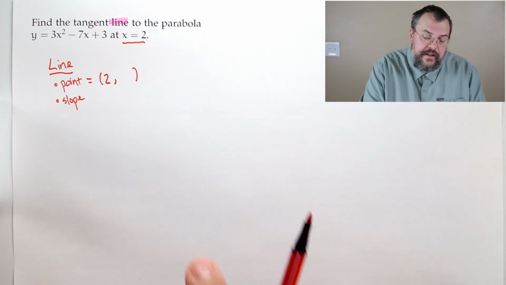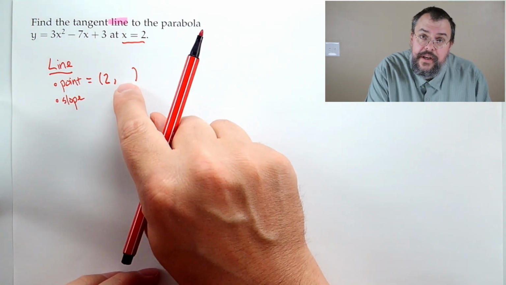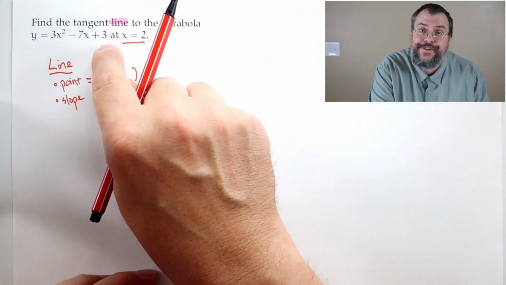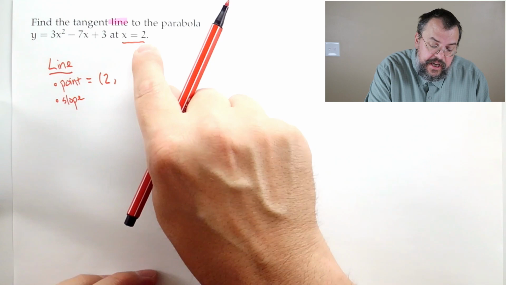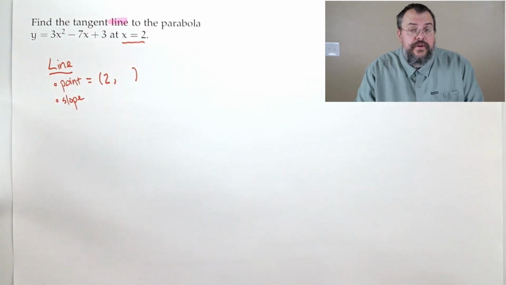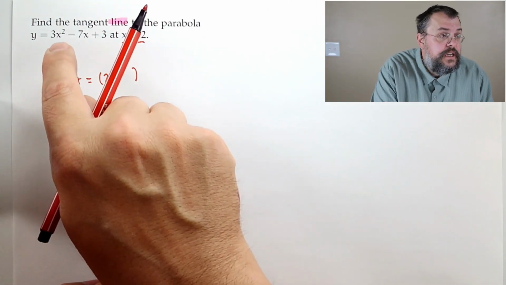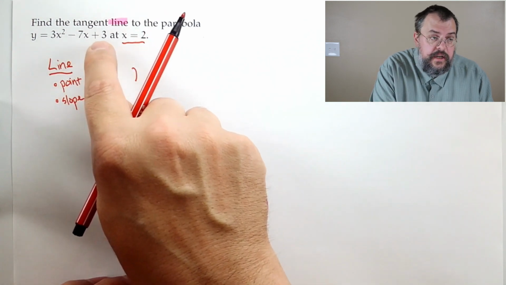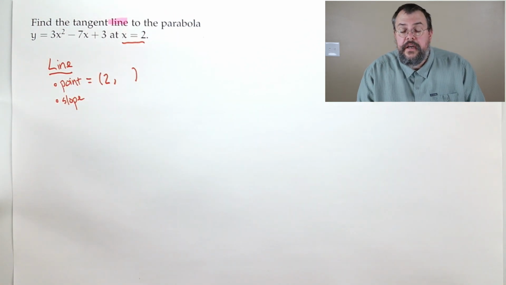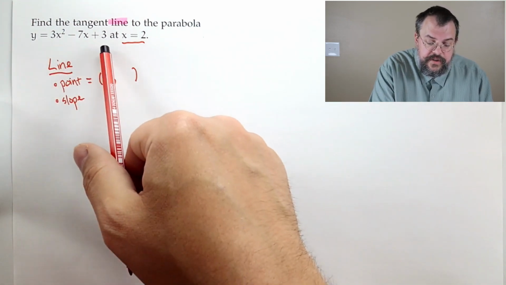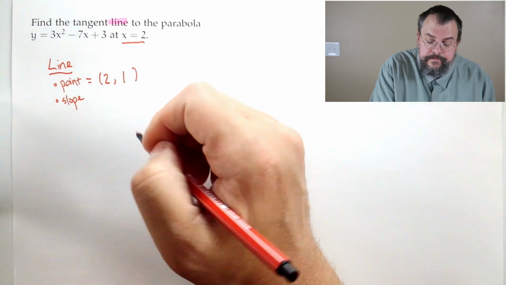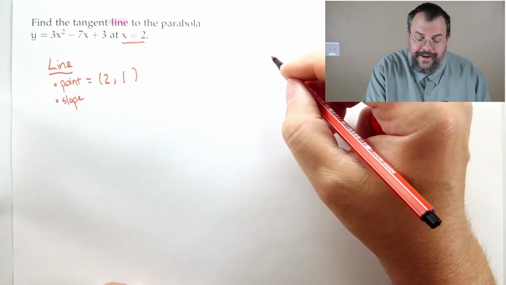That means the y-coordinate for our point has to be the same as what's happening with the function at 2. So we take 2 and plug it in. 2 squared times 3 gives us 12. 7 times 2 is minus 14. And plus 3 again. Put that together, 12 plus 3 is 15. Subtract 14 gives us 1. There's our point.